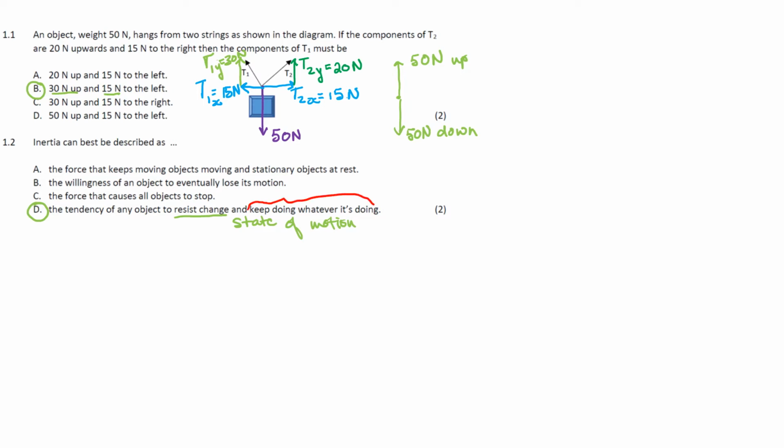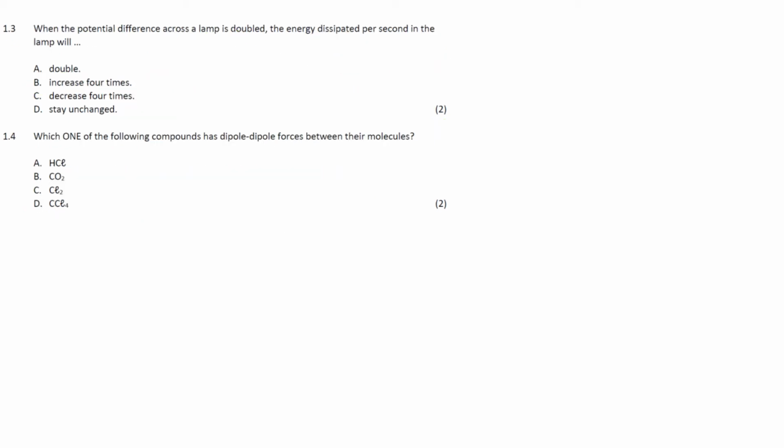So the tricky part here was question 1.3. It says when the potential difference, V, across a lamp is doubled, V is doubled, so you have to multiply it by 2. The energy dissipated per second, that is power, because power is defined as the energy transfer per second.